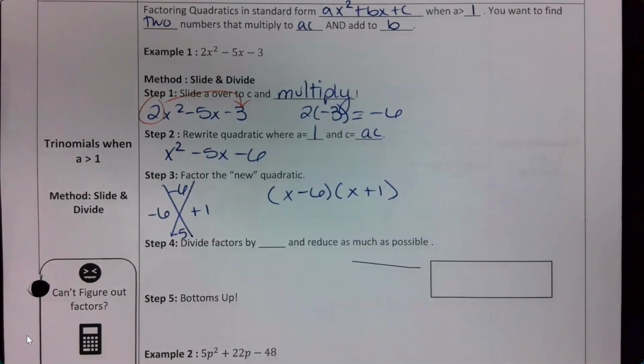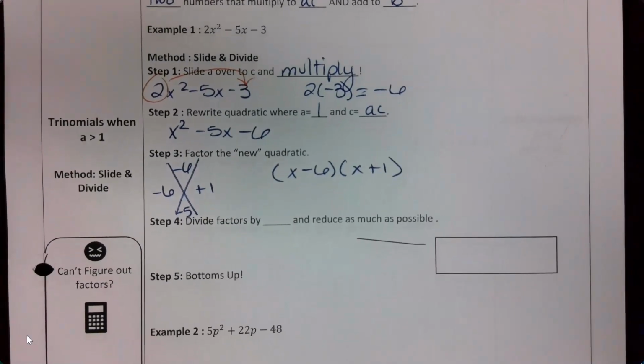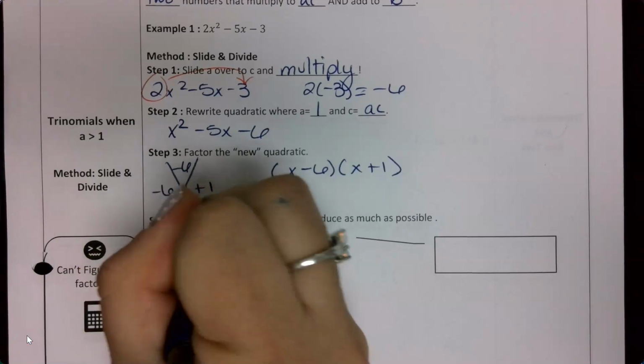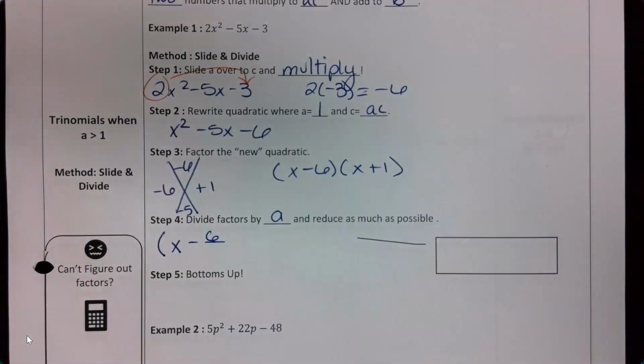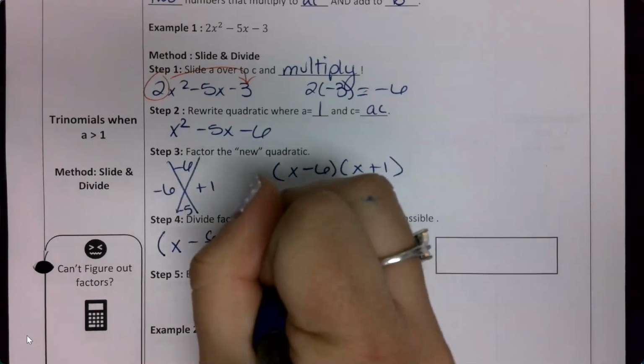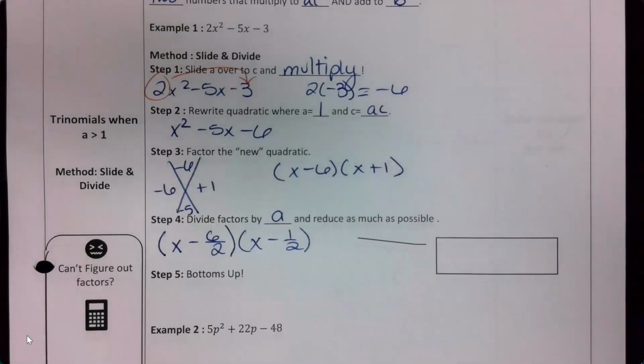But because I changed this problem, I have a few more steps. I want to divide my factors by the a value I originally had. What was my a value originally? 2. So I'm going to do x minus 6 divided by 2, and then x plus 1 divided by 2.